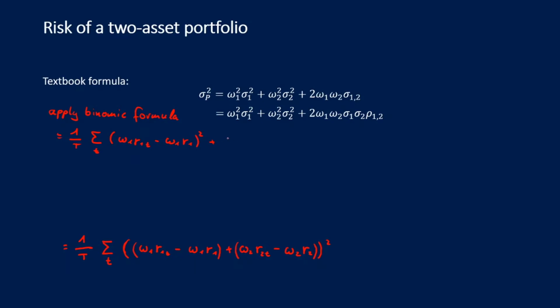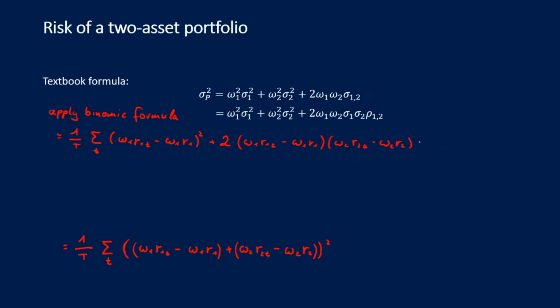Then we have the second part that is typically 2 times W1 R1t minus W1 R1 times W2 R2t minus W2 R2.